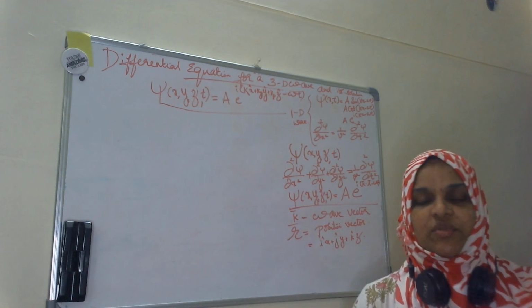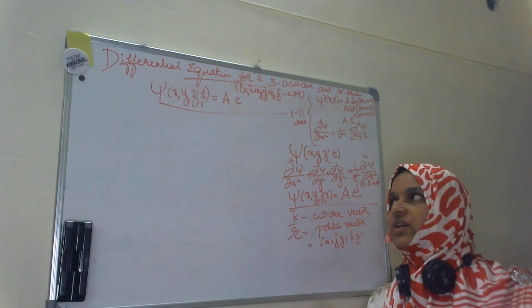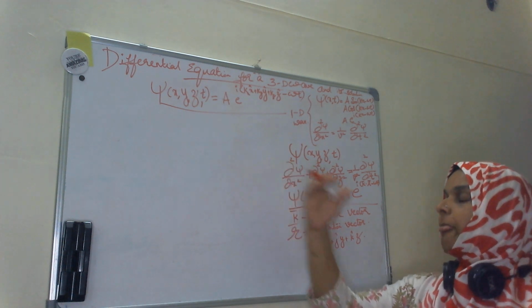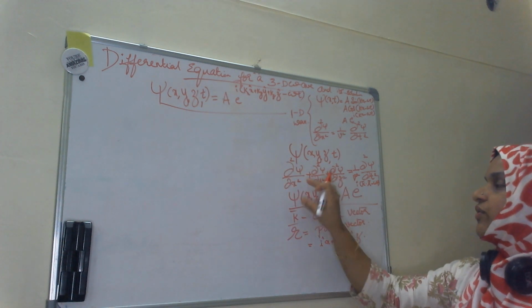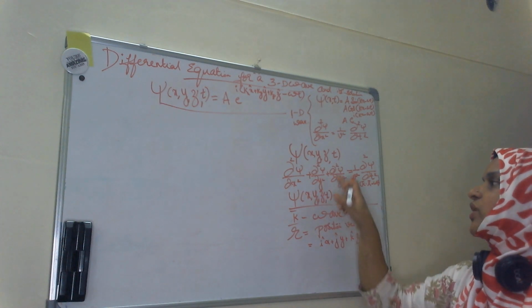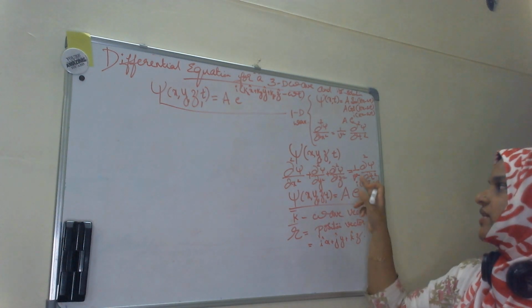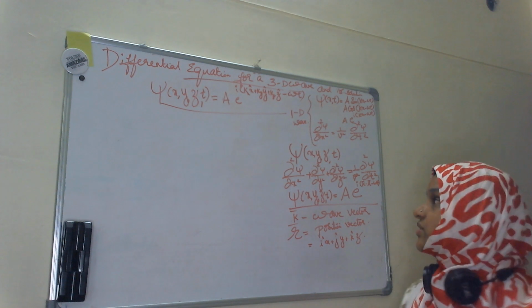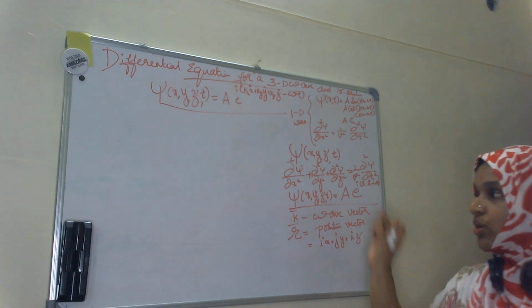Thus, a three-dimensional wave is a wave which is propagating through a three-dimensional medium, and it has a differential equation of the form dou square psi by dou x square plus dou square psi by dou y square plus dou square psi by dou z square equal to 1 by v square dou square psi by dou t square.